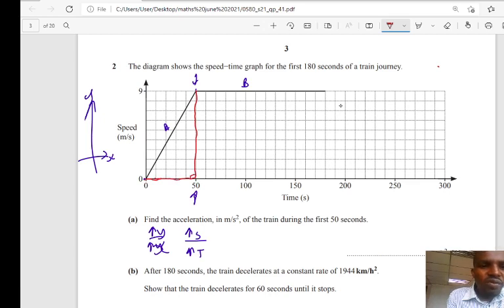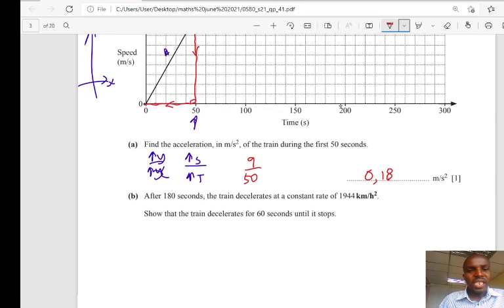So increase in y from this point to this point is actually 9, over increase in x from this point to this point, 50 minus 0 is 50. So it's 9 over 50. You can put it even as a decimal, still it works. 9 over 50 is actually 0.18. Or you can just leave it as 9 over 50, still meters per square second is correct.